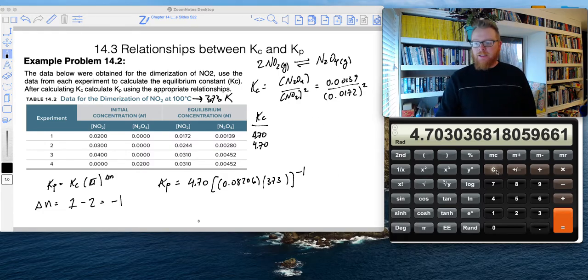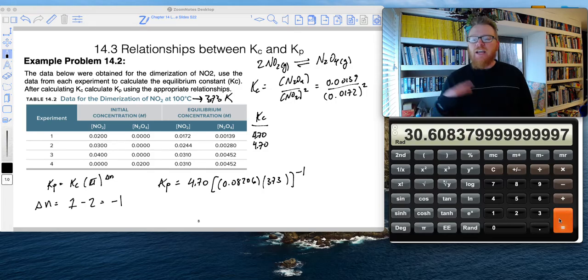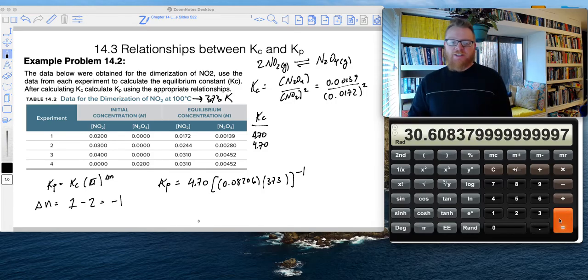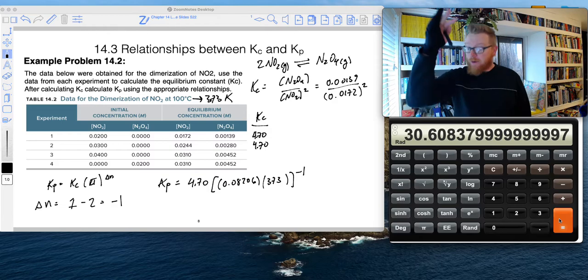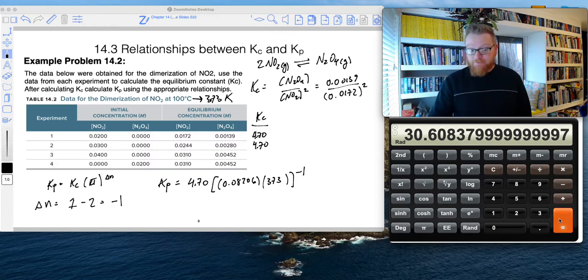So let's go ahead and calculate this in chunks. 0.08206 times 373 equals. There are several ways I can raise this to the -1 power on this calculator. If you recall, when you raise something to the -1 power, it's like flipping it.